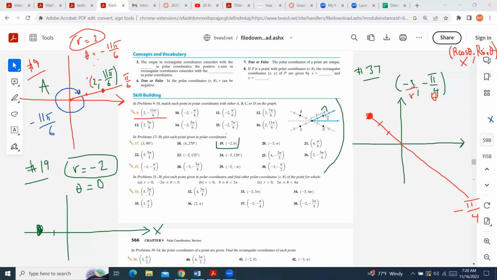Okay, so what about part A? What do they want here? I guess they want us just to practice, to get used to the ideas of another way to describe the same pair. So for example, if they want you to get a negative angle, but r will be positive. Well, if r is positive, then the angle should be here, right?